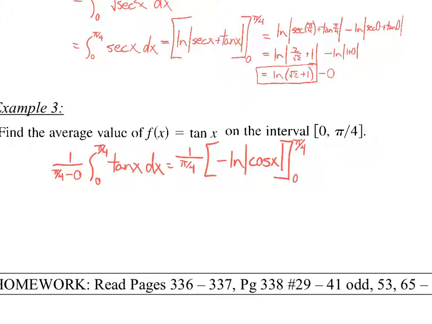So, we figured this out here. 1 over pi over 4 is 4 over pi.